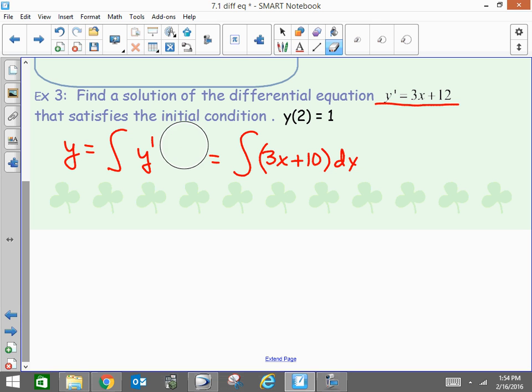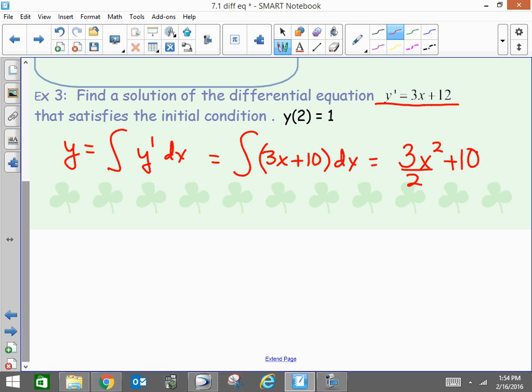I probably should put dx here. Okay. And what is that? What's the antiderivative, Sophie? 3 halves x squared plus 12x plus C. Why didn't I write 12? Sorry. Thank you. That was my bad. Okay. And her voice dropped, but I didn't think she should have been done.